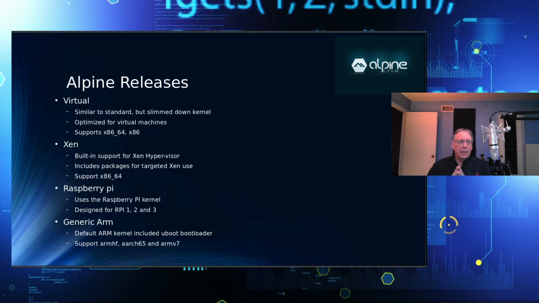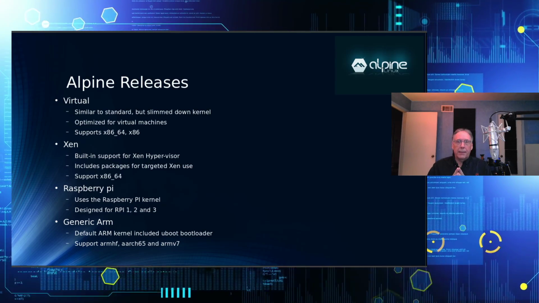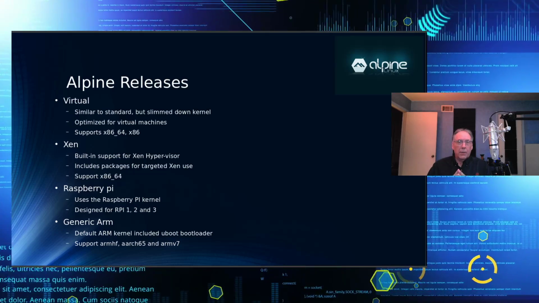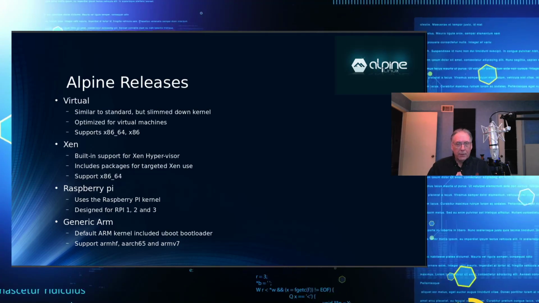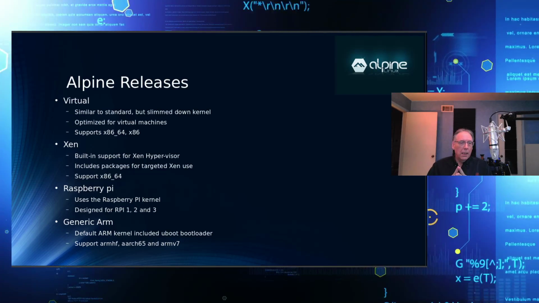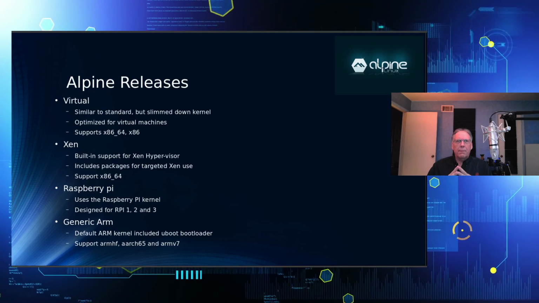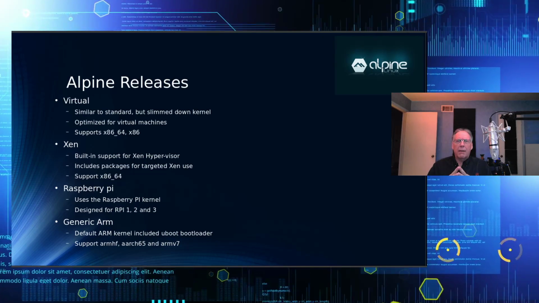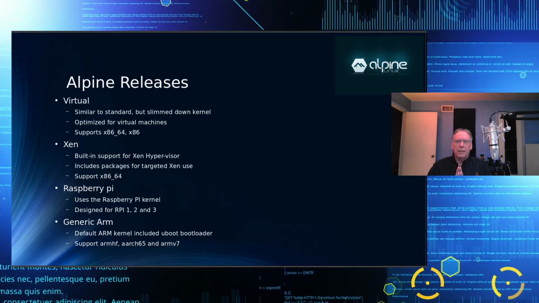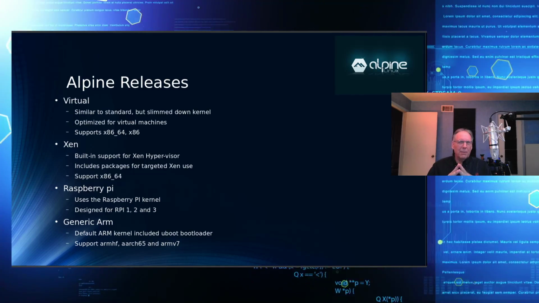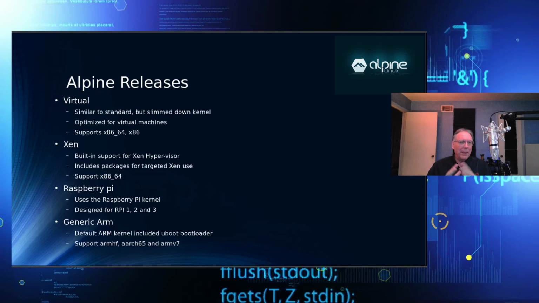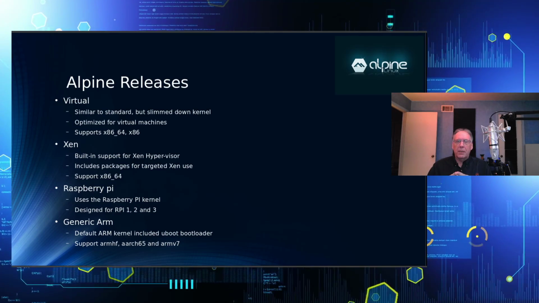It also has support for generic ARM, and that uses a bootloader. Of course, that won't work with Raspberry Pi because they don't use a bootloader. I think it's part of their graphical processor that they actually store their stuff in, so a little bit different. But it supports a wide range of ARM machines.